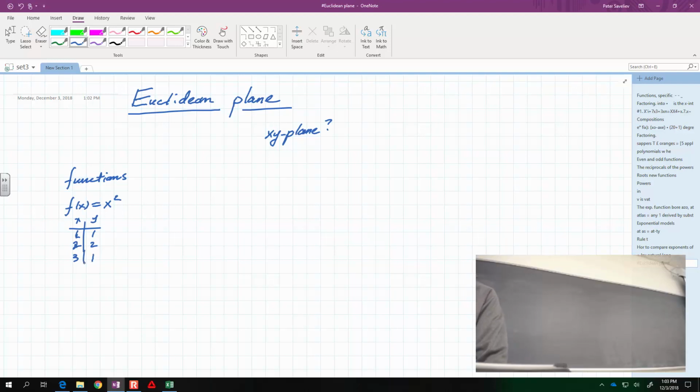And from that, in order to illustrate it, we would plot its graph. We plot its graph on the xy plane.